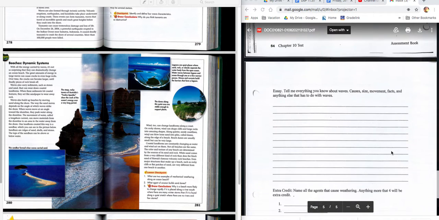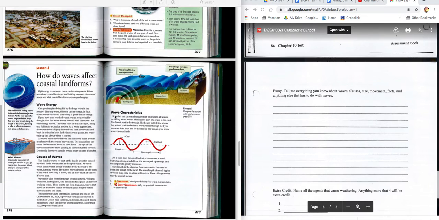And last thing, it says this: tell me everything you know about waves. Here are some suggestions. There's like 3 or 4 things that cause waves. There are 3 things that influence the size of the waves. If I was talking about the movement of waves, that would be this first paragraph here, and especially this.